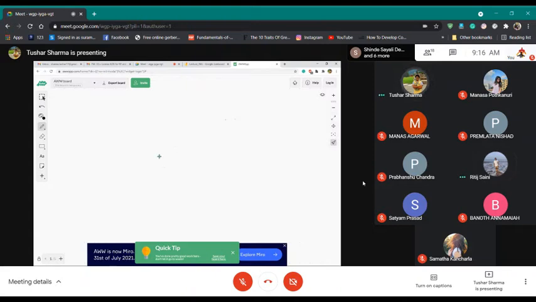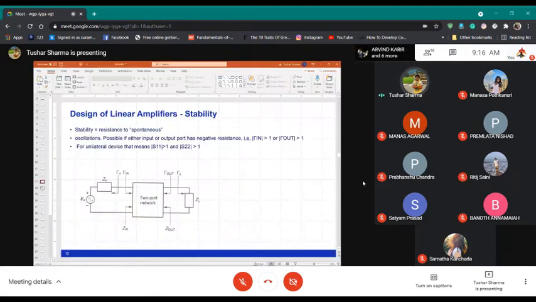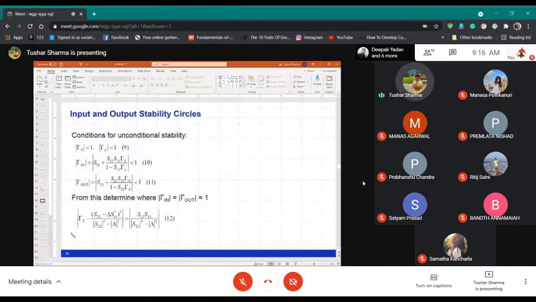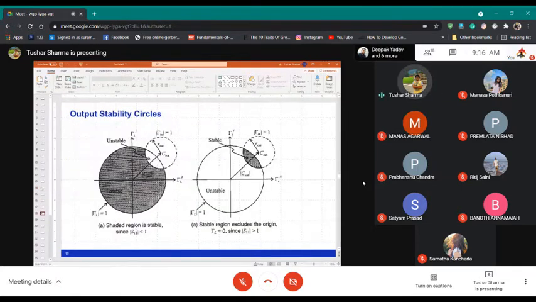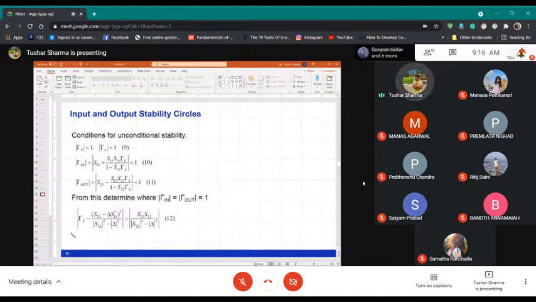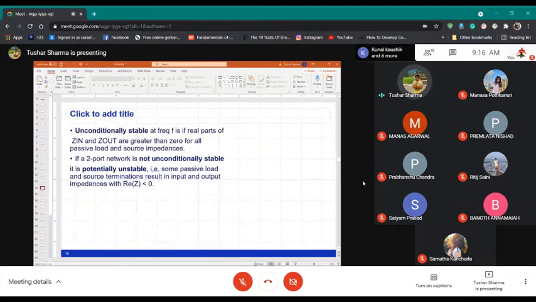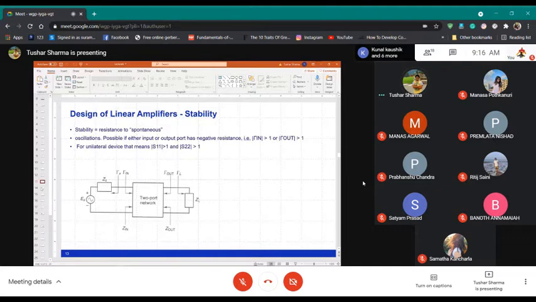Okay, awesome. So let me go back now. I want to continue from the stability concept. We actually went through this last time. Stability is basically the resistance to spontaneity, or if a device sees negative impedance, it means the device is unstable. So you always want the device to see a positive impedance.